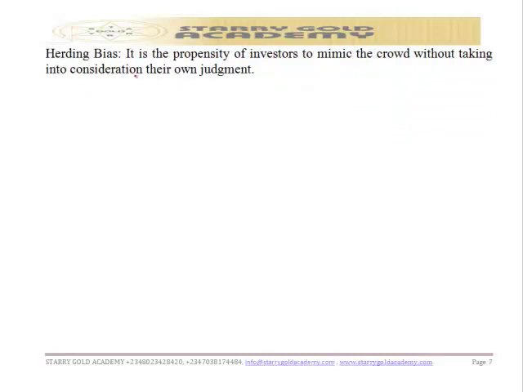When I am talking of herding bias, it is the propensity of investors to mimic the crowd without taking into consideration their own judgment. When you follow the crowd without judging anything, what they do is what you want to do. Even though they are entering fire, you want to enter it without taking cognizance of whether it is going with your own financial objective or not. That is herding bias.